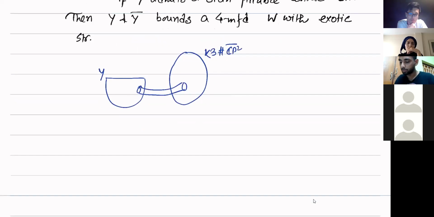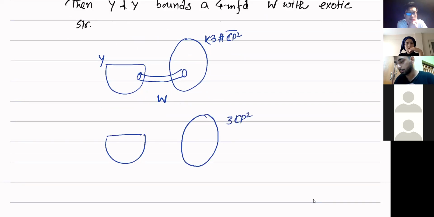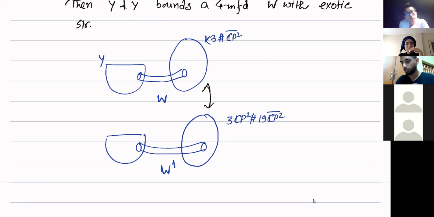So this is your W, and you take the same Stein filling, but now other than connected sum with K3, connected sum CP2 bar, you connected sum with 3 CP2, connected sum 19 CP2 bar. So let's say this is W prime. Notice that W and W prime are homeomorphic. This is easy to prove.